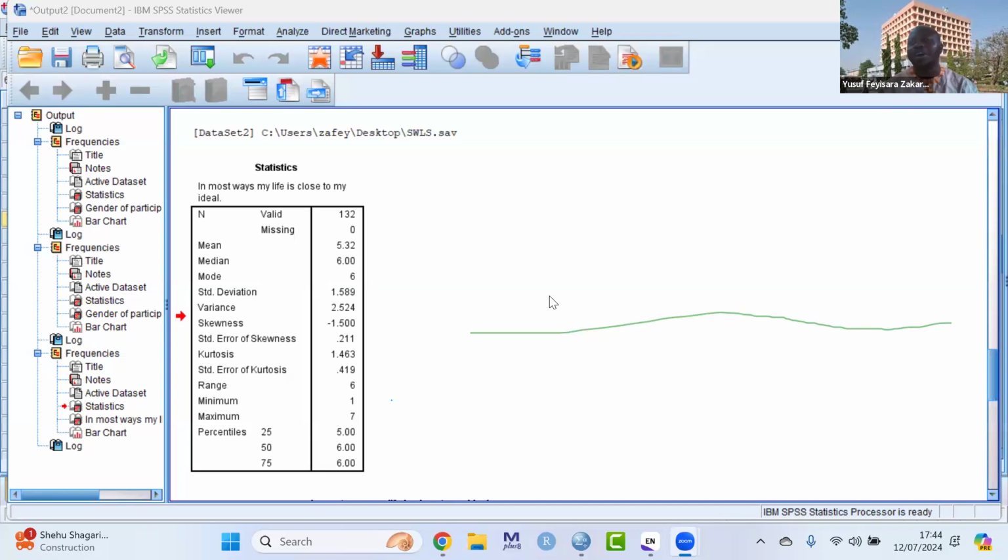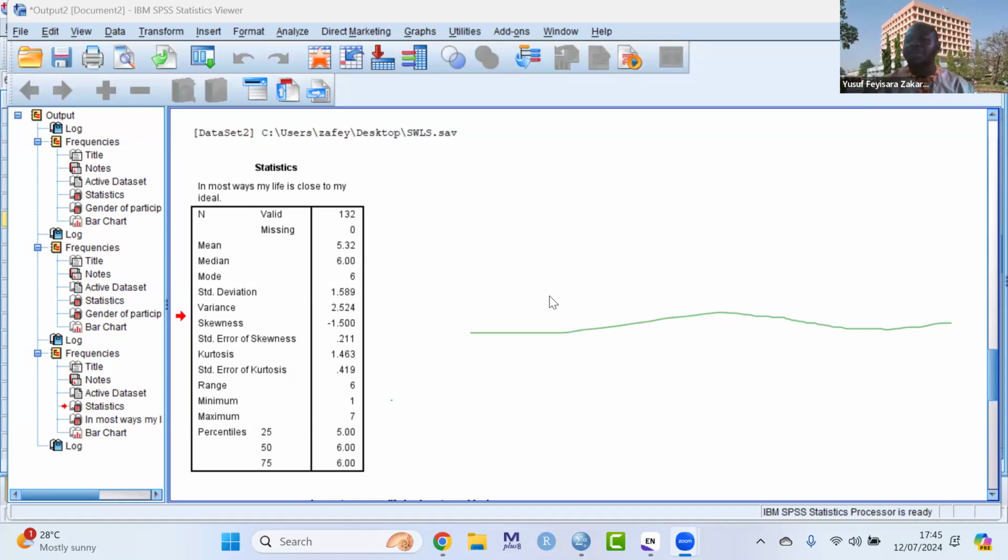What is 2 over 4 if you reduce it to the lowest term? 1 over 2, the same half. That means the 50th percentile is the same as the second quartile, which is the same as half of the distribution.